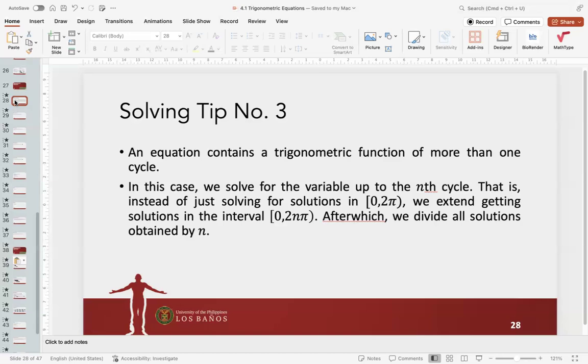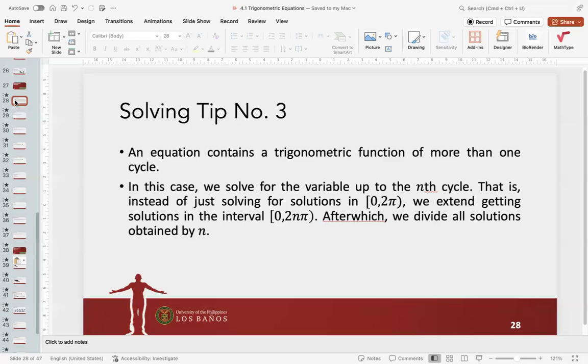And what do we mean by that? Instead of just solving for solutions in the interval 0 to 2 pi, except for 2 pi, we extend it to the solutions included in the interval 0 to 2n pi. Again, n is the number of cycles.